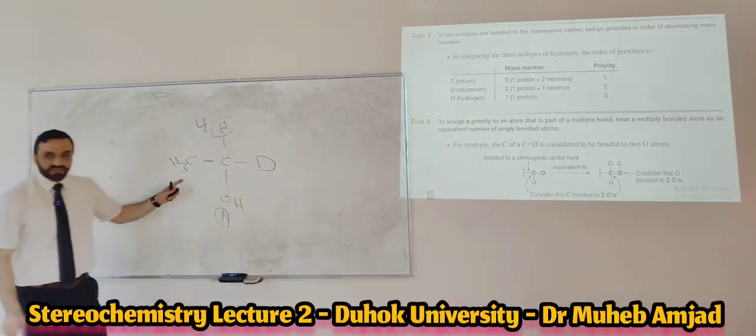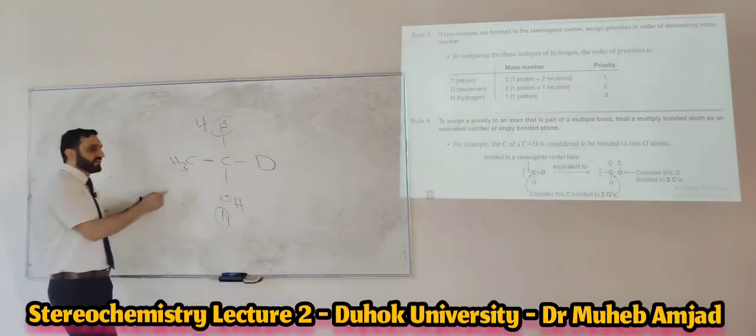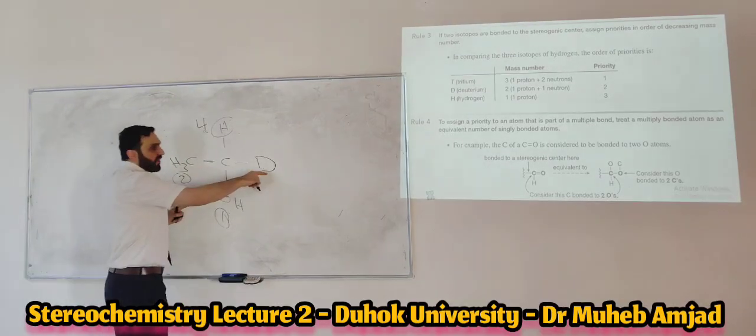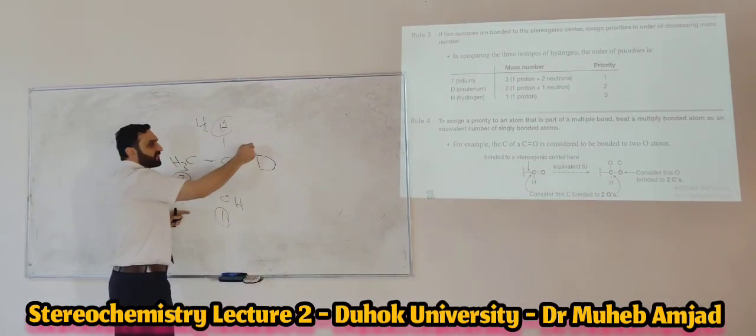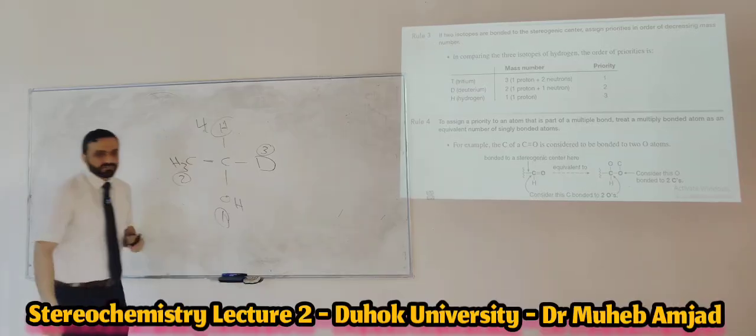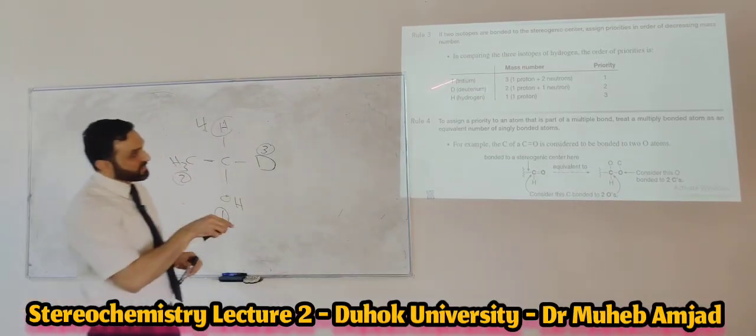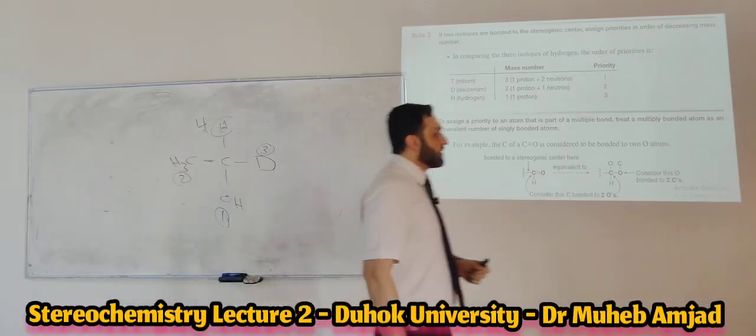This 2 or 3? This is 2, because carbon is higher than deuterium. Now deuterium or hydrogen: of course deuterium will be number 3. This is the isotopes rule.